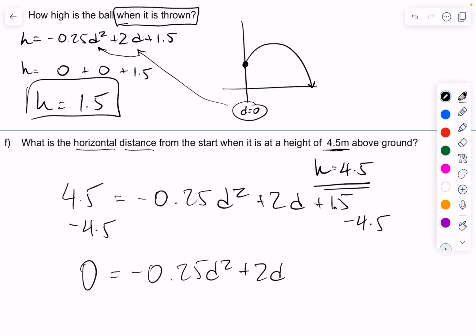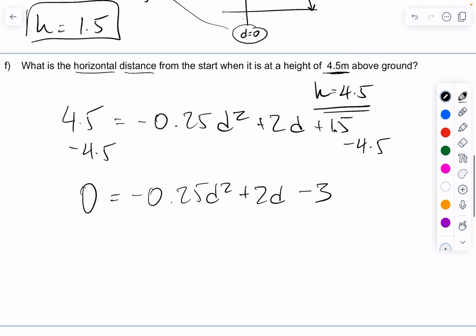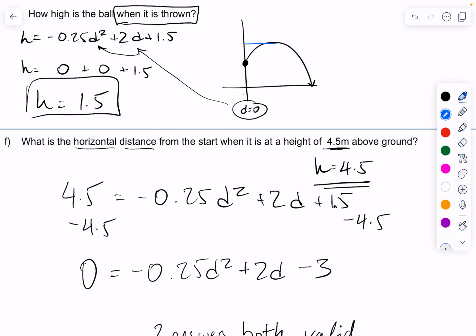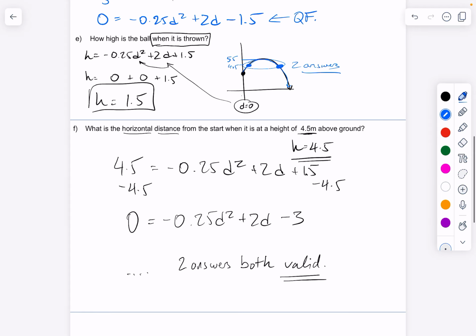And the reason why that's different is when you finish up, you're going to get two answers that are both valid. Okay? Well, that's because, remember we said that the highest height is 5.5? So it'll hit 4.5 somewhere on the way up, and then it'll hit 4.5 somewhere again on the way down, right? So it's okay to get two answers as long as we can interpret those.